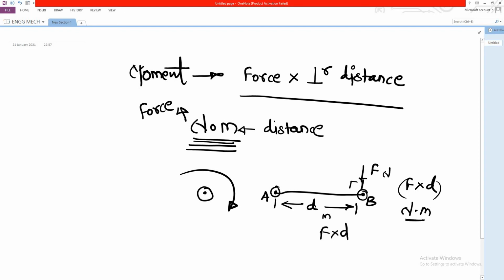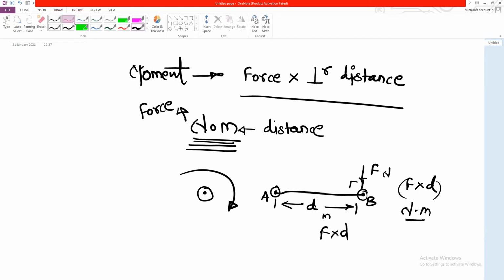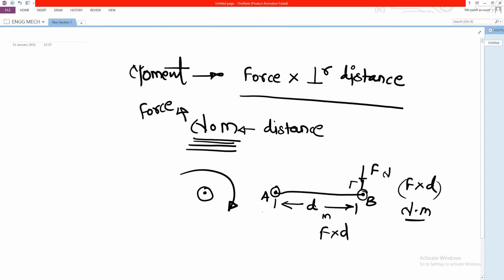If the point of reference is A, then the force F will be causing a rotary effect like this. The force F will cause this bar to rotate with respect to point A in a clockwise manner, because a moment creates which effect?